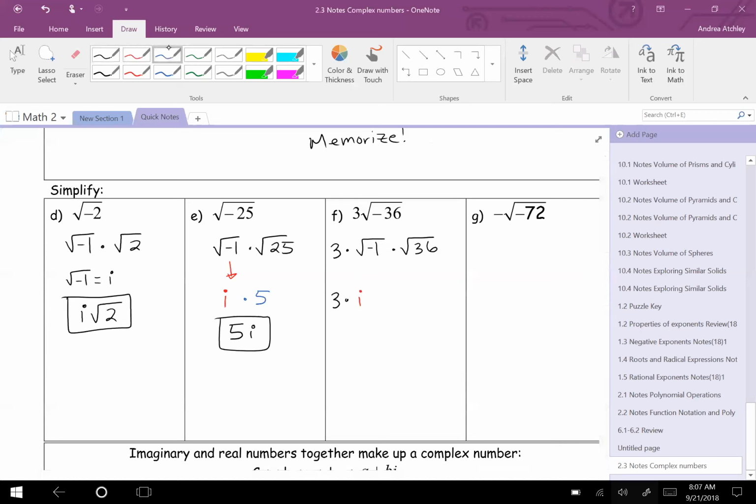And class, what's the square root of 36? 6. So we get 3 times 6 is 18, and then i. Any questions over that?